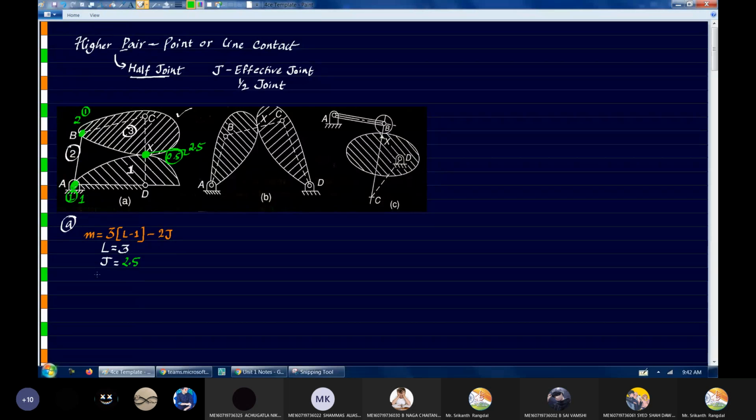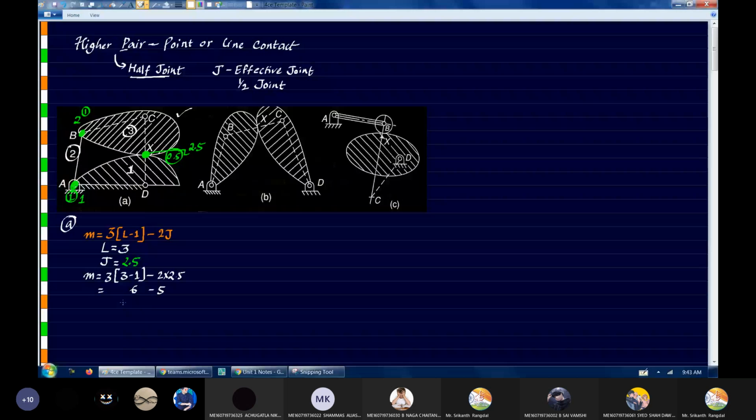Now if you substitute these values into the formula, what do we get? The mobility is 3 times (3 minus 1) minus 2 times 2.5. So 2 times 2.5 is 5, and 3 times 2 is 6.